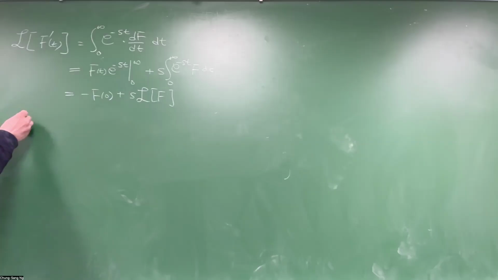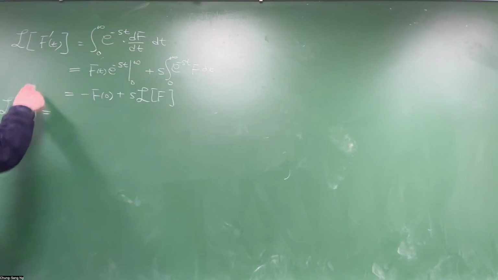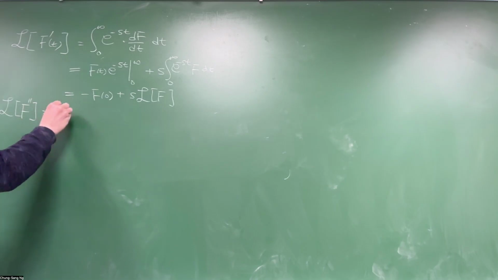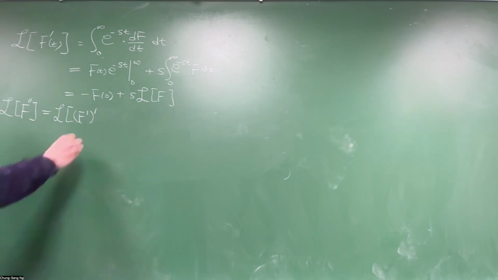Now the next one is the second derivative. Now you just apply the formula repeatedly, right? So it's just copying this form because this is like a Laplace transform of f double prime, right?